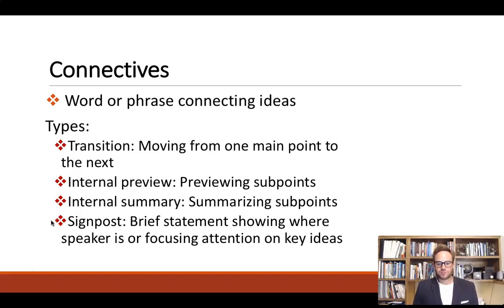Signposts are brief statements showing where a speaker is or focusing attention on key ideas. So oftentimes these will consist of numerical verbiage or language. So first, second, third are going to be the most effective signposts.